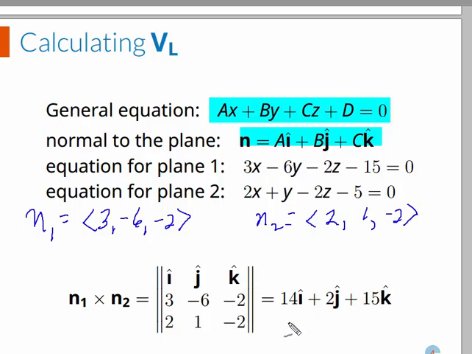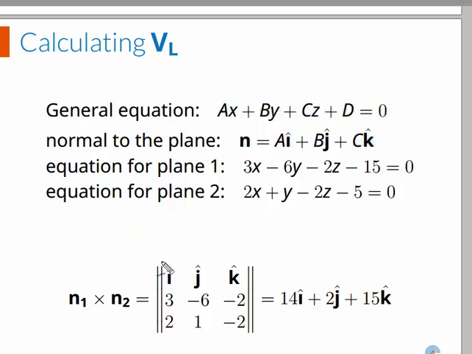So now we take their cross product and end up with a vector, and this is the vector along that line. To take the determinant here, I'll just write out cofactors.